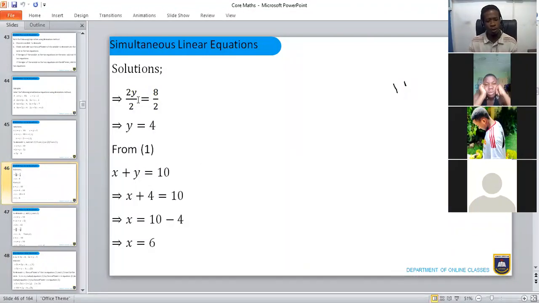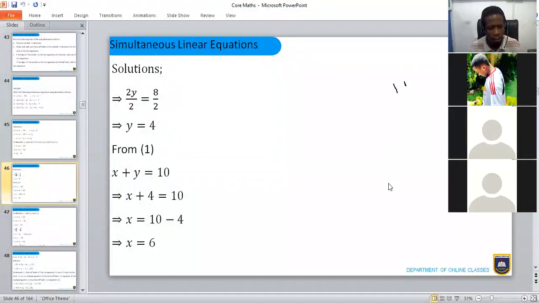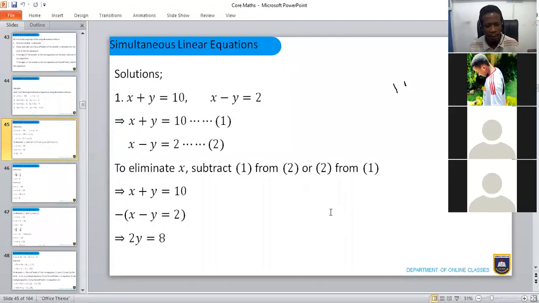So when we have 2y equals 8, we divide both sides by 2. Sir, please, I want to ask, is it a continuation or another example? It's the continuation.